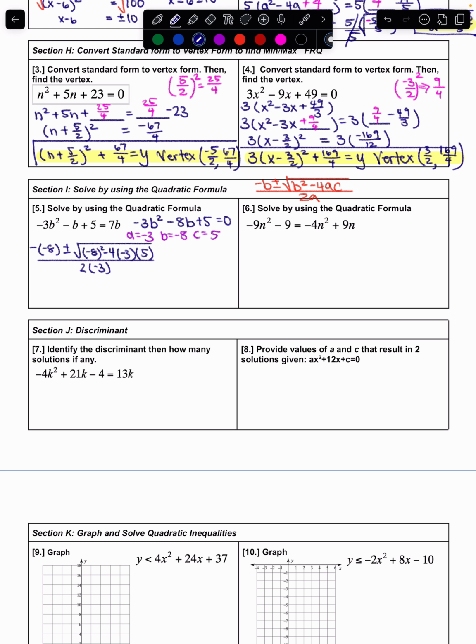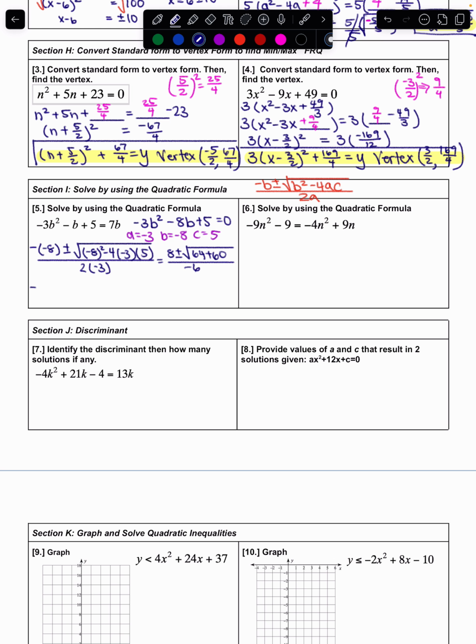You need to be able to start simplifying. These two negatives become positive, so I have positive 8 plus or minus the square root of negative 8 times negative 8, which is 64. Then negative 4 times negative 3 gives me positive 12. Positive 12 times 5 is, I believe, 60. Yes, it's 60. All over 2a, so that's negative 6.